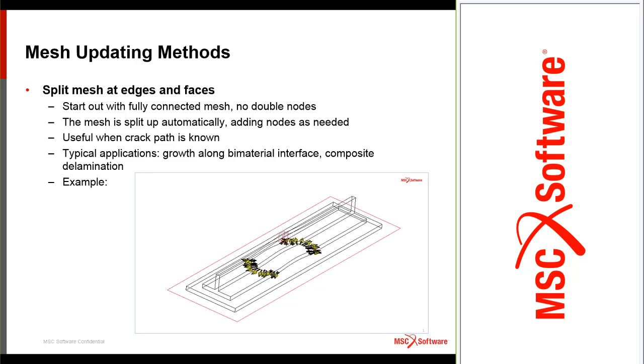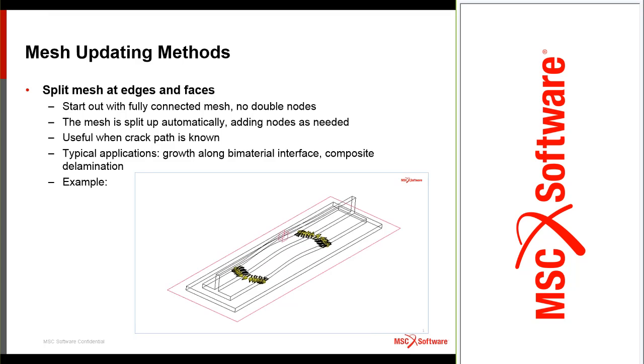So we can force it to grow in a material interface. You can also force it to grow at an interface between element sets. So you can force it to take any which way you want. You can use this for general growth directions.